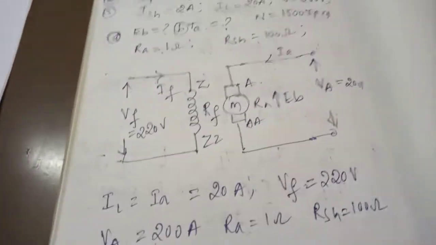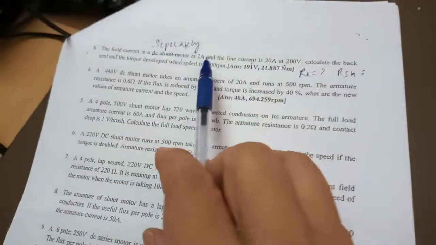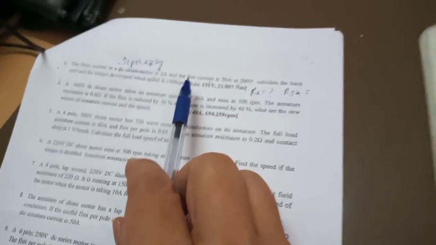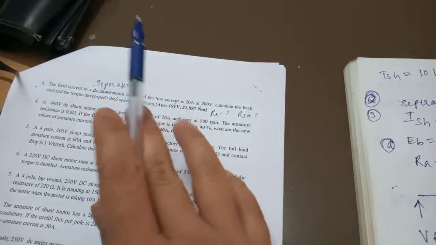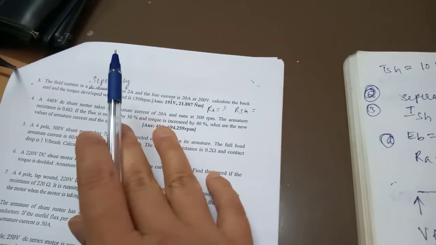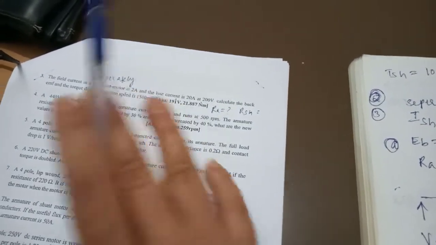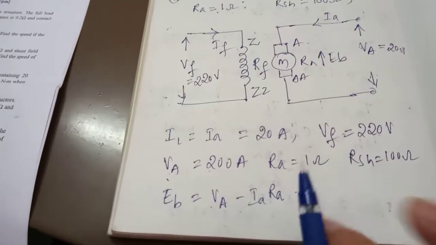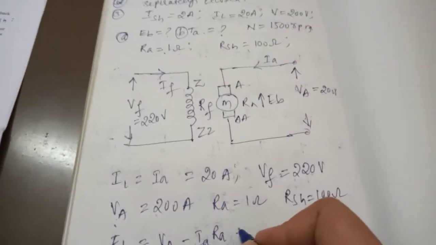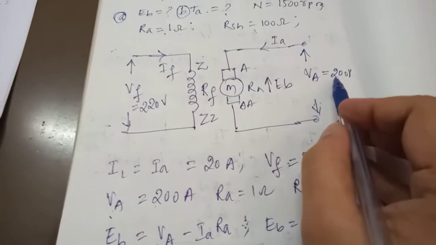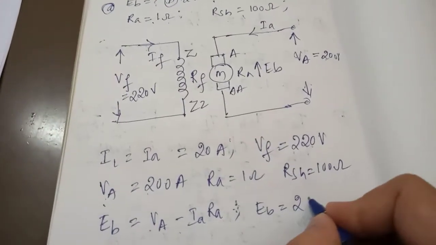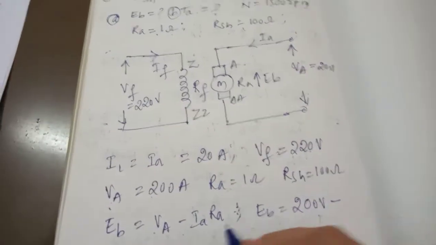But in the statement of the problem, drop per brush is not given, so you neglect it. If they have given brush contact resistance drop, then you have to substitute it into this formula. Otherwise, just VA minus IA RA. So EB is equal to, what is VA? VA is equal to 200 volts, minus, what is IA? IA is equal to 20 amps.